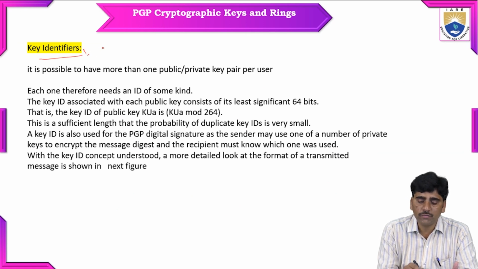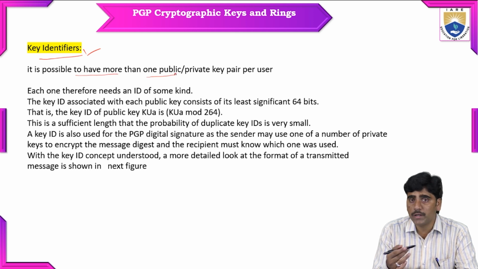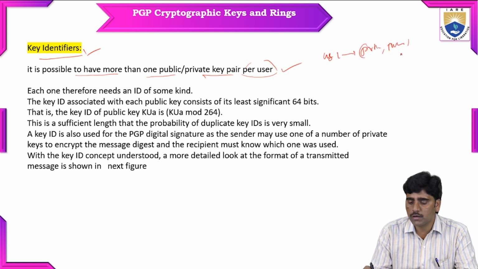The next one, key identifiers. It is possible to have more than one public or private key pair per user. Suppose user 1 maintains one private key and one public key; similarly, user 2 maintains one private key and one public key.